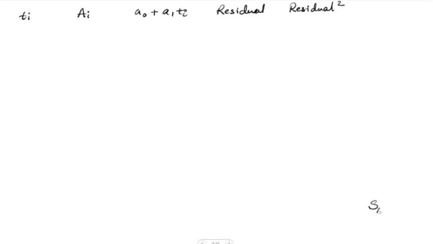So here we have the standard error estimate of a given t, and the formula looks something like this: square root of S_r divided by n minus 2.